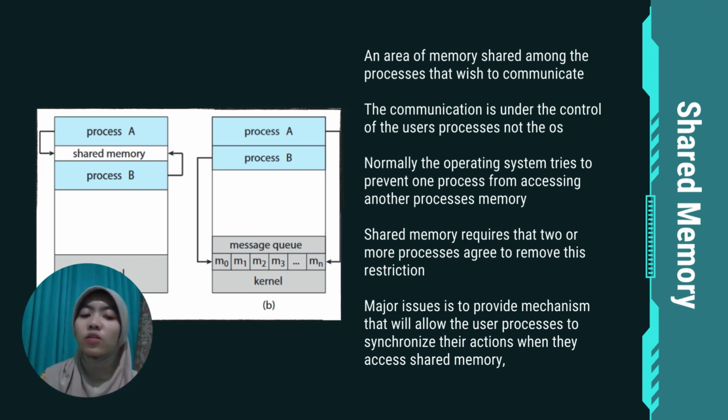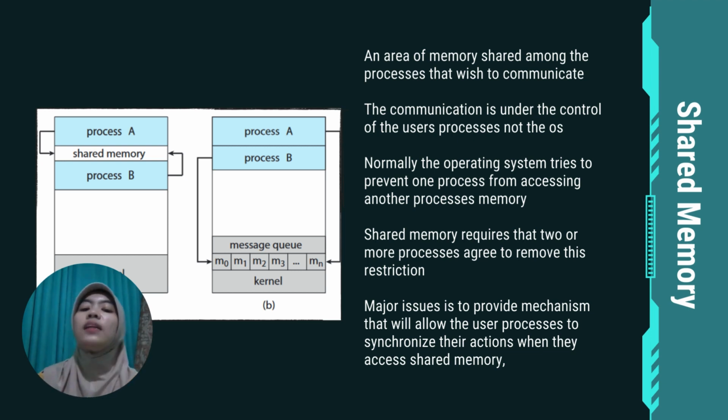Topics such as semaphores, mutex locks, and other synchronization primitives will be explored to provide a comprehensive understanding of synchronization in shared memory communication. So, in conclusion, shared memory communication offers a powerful and efficient mechanism for inter-process communication in operating system.